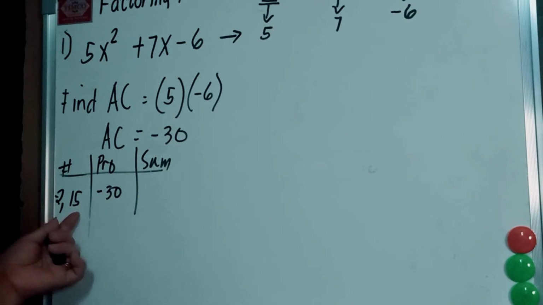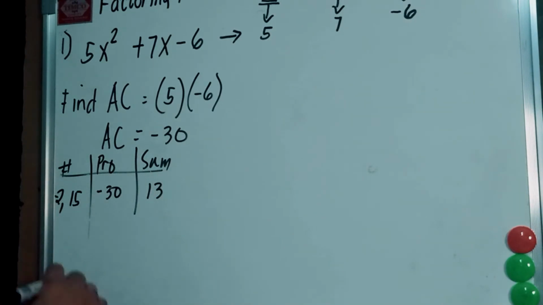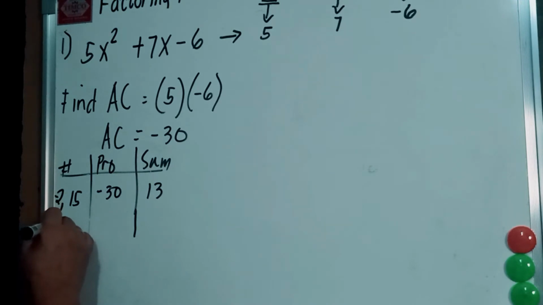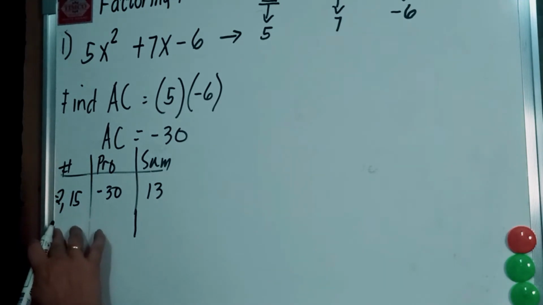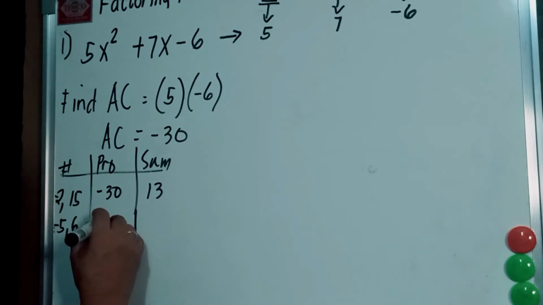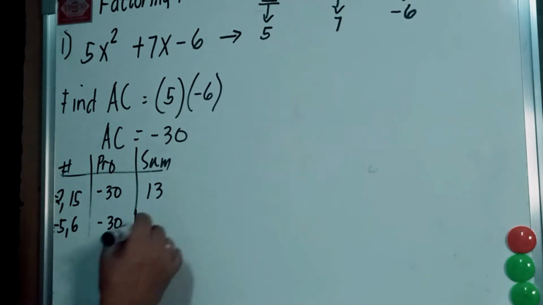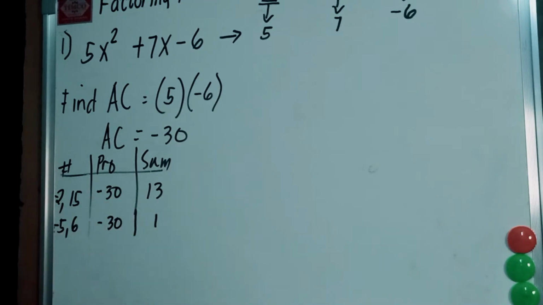Negative 2 plus 15 is 13. Okay. Let us have another pair. Negative 5, positive 6. So for negative 5 and 6, the product again is negative 30. The sum is positive 1.